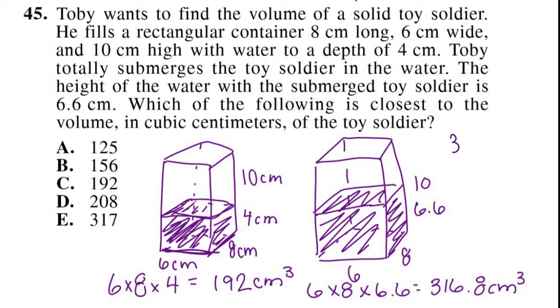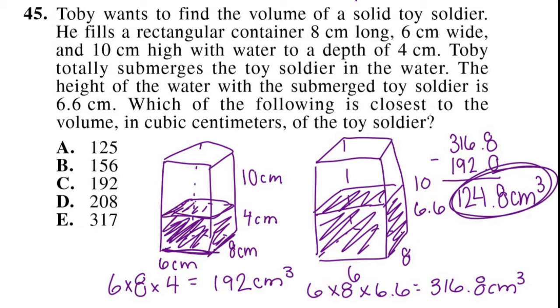So we do 316.8 minus 192, which gives us 124.8 cubic centimeters. This difference is the volume of the toy soldier, because that's the only thing that's been added between our tests.